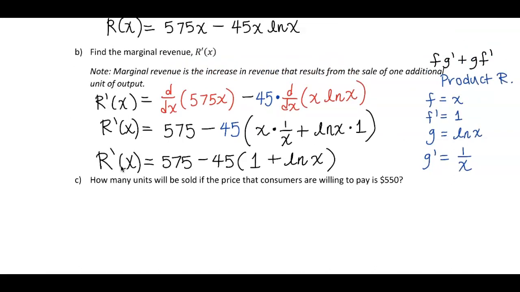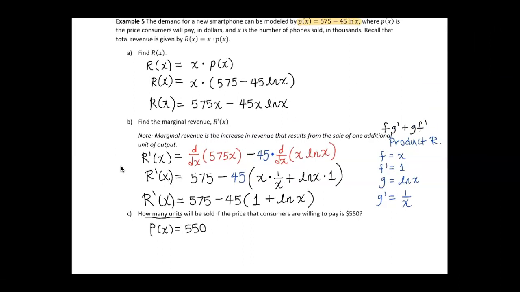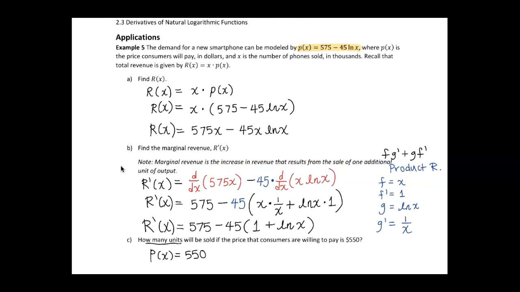So they said P of X, P, is equal to $550, and they're asking us to find how many units. So we're not going to use the marginal revenue function, the way that it is worded. We're just going to use the function they gave us, where P of X was 575 minus 45 times natural log of x.